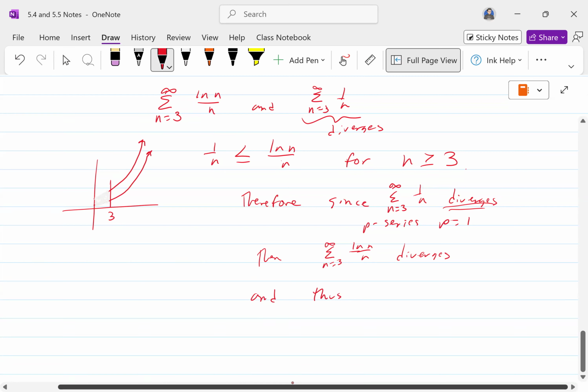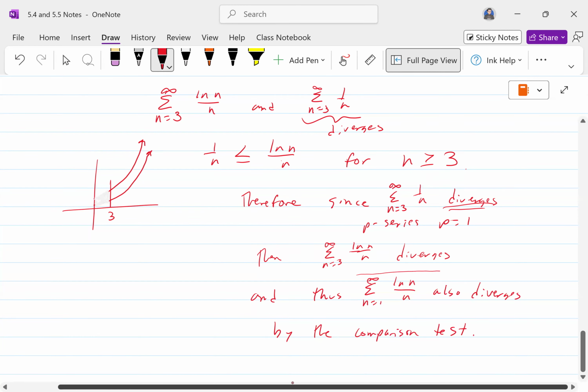And thus, adding back those two terms that we took off doesn't make it diverge any less. Thus, with n equals 1, I can put back in those couple terms that we took off. The sum of natural log of n over n also diverges. Okay, and this is proven by the comparison test.